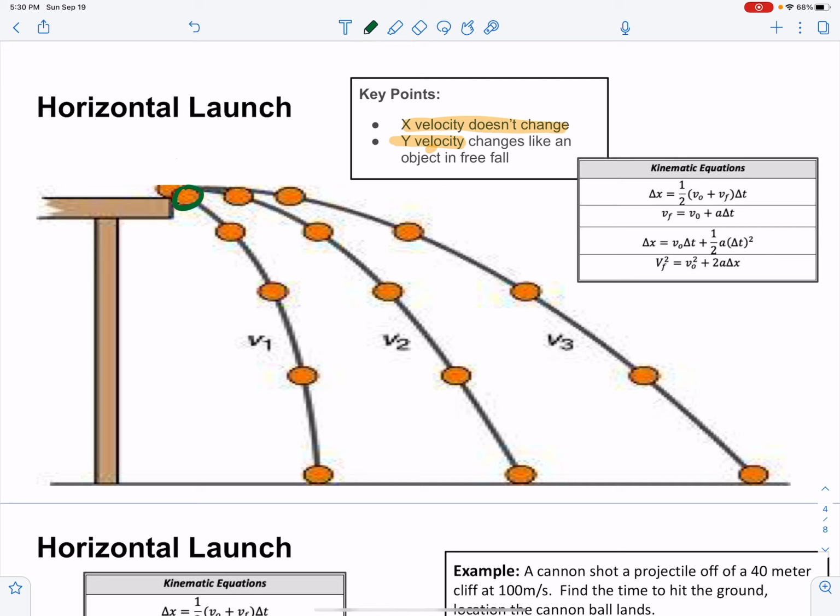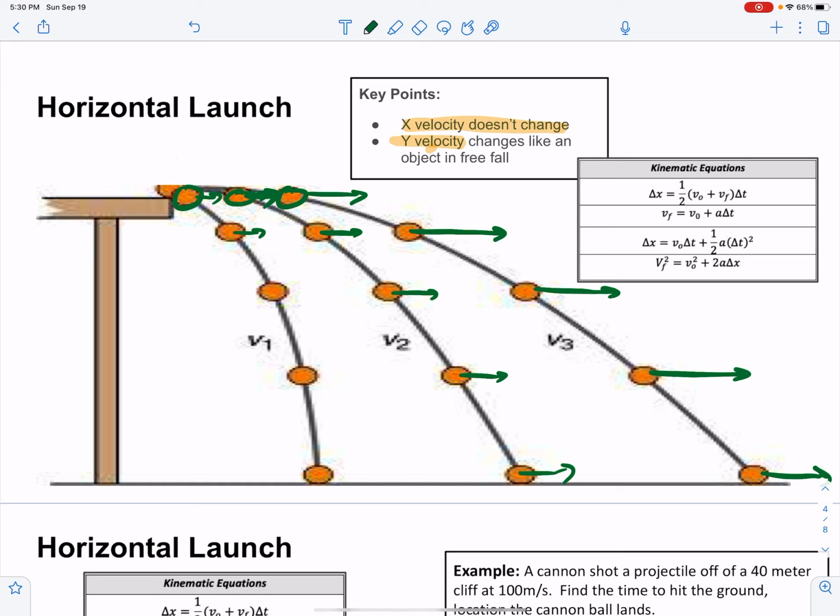Okay, so we have three different balls here, all launched with a different horizontal velocity. We'll say the one to the very left has the lowest horizontal velocity. The one to the very right has the greatest, so let's go ahead and draw those. We're drawing the longest arrows because it is the greatest horizontal velocity.